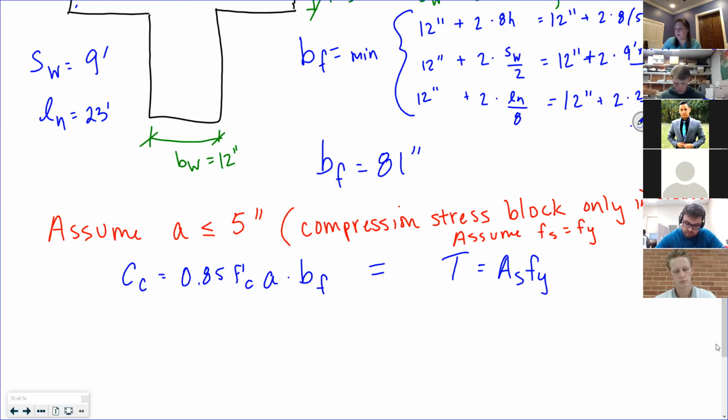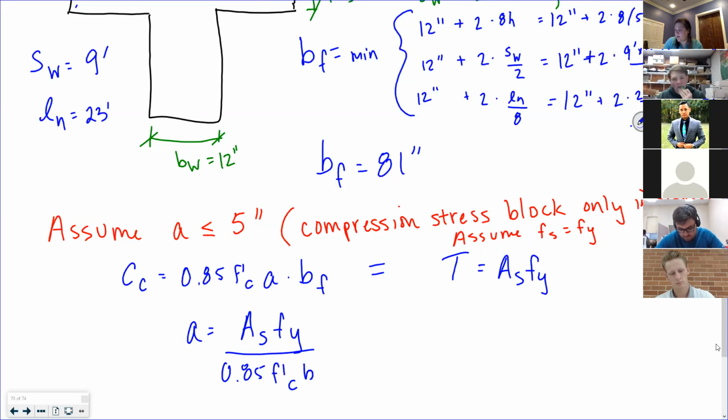We've done this a bunch of times now. And solve for a. So a is the area of steel times the yield stress divided by 0.85 f'c times bf.